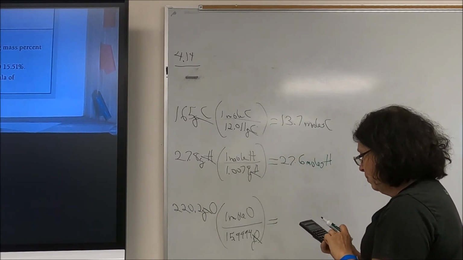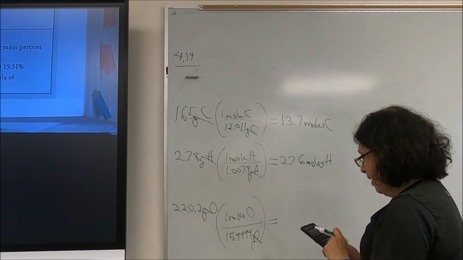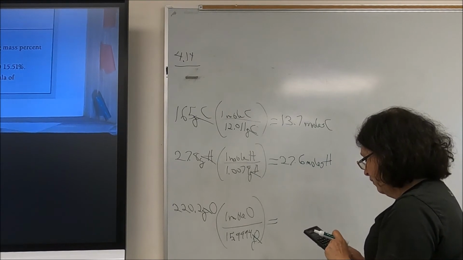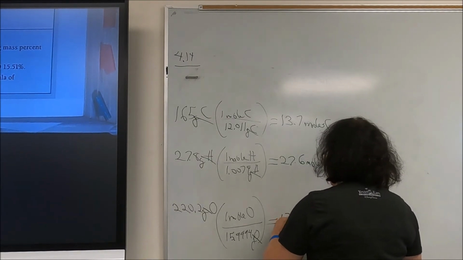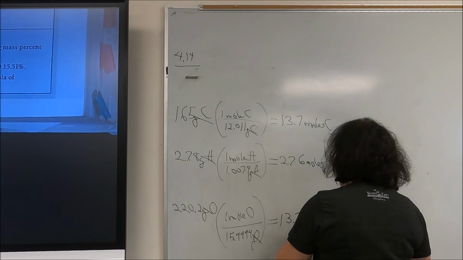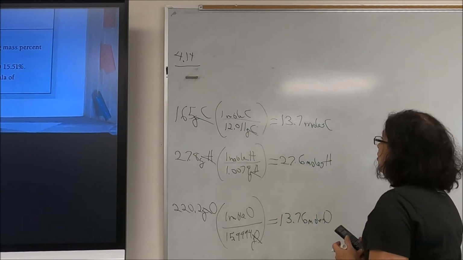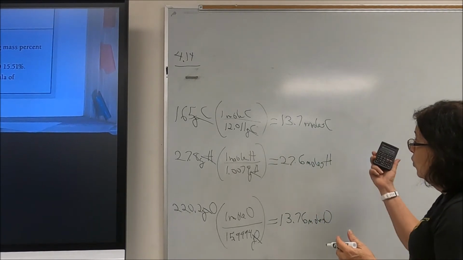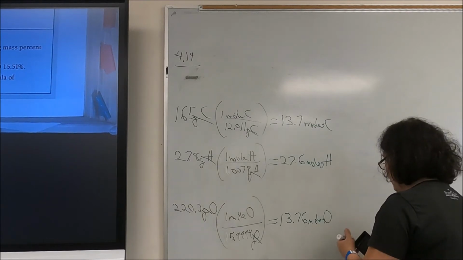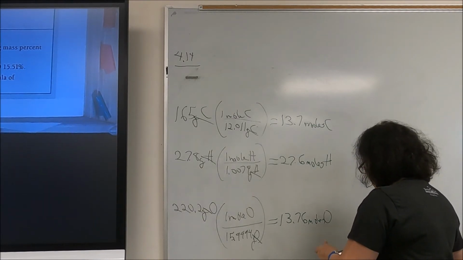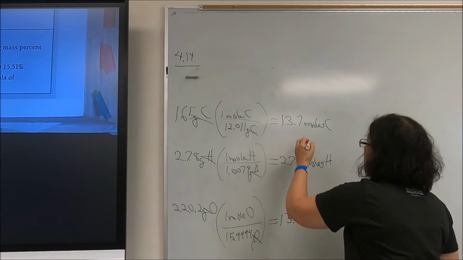And 220.2 divided by 15.9994 gives me 13.76 moles of oxygen. Now the smallest one in this group is 13.7, so I'm going to divide everything by 13.7.